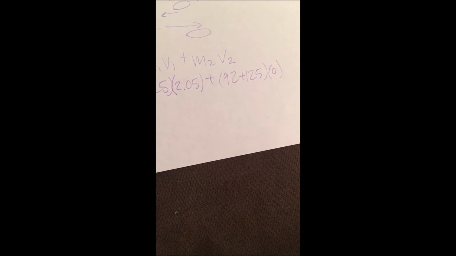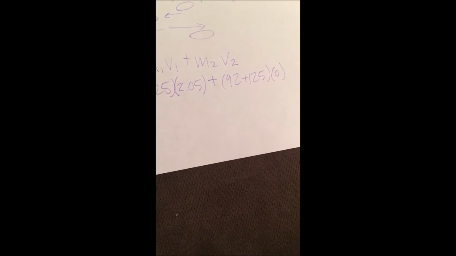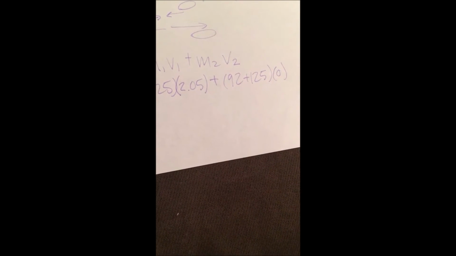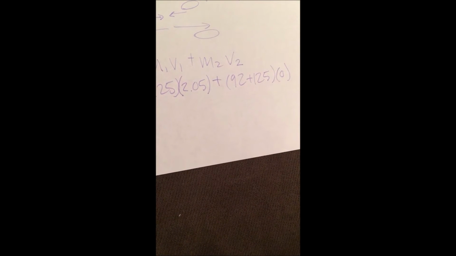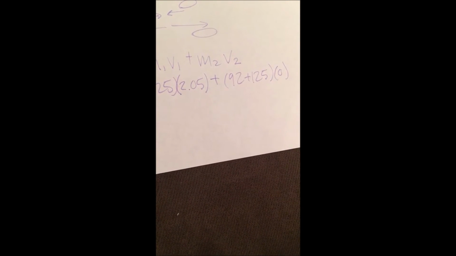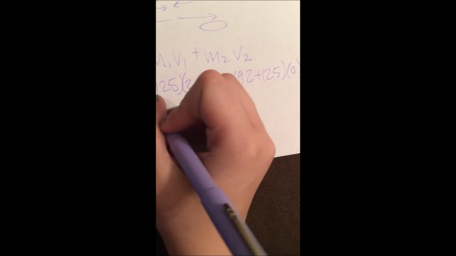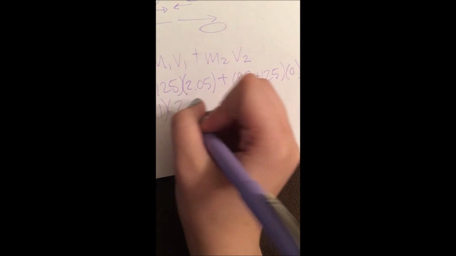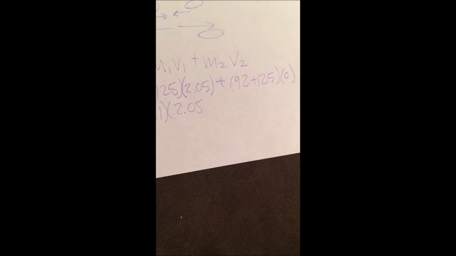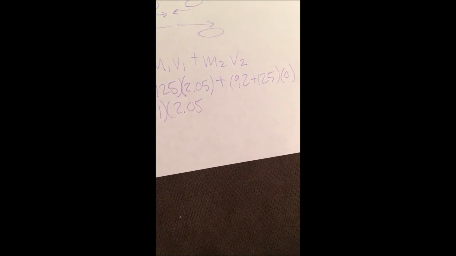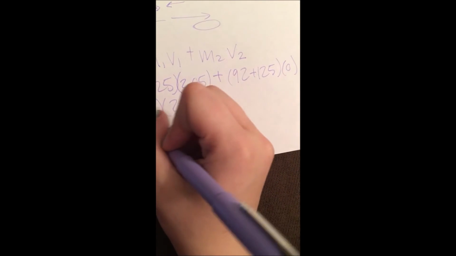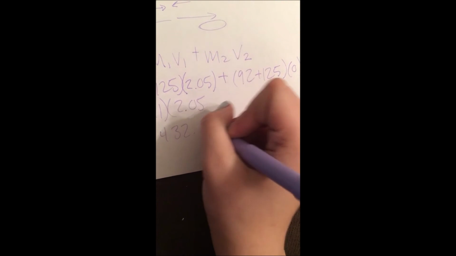So first let's solve for this side. So 86 plus 125 is 211 times 2.5, which is 527.5.